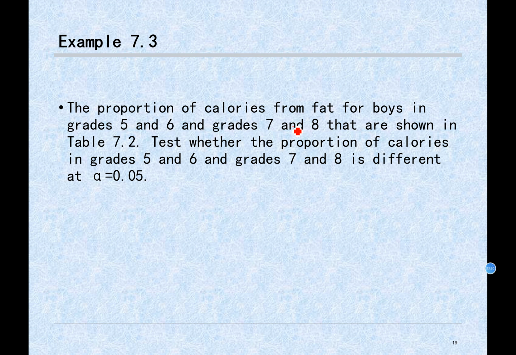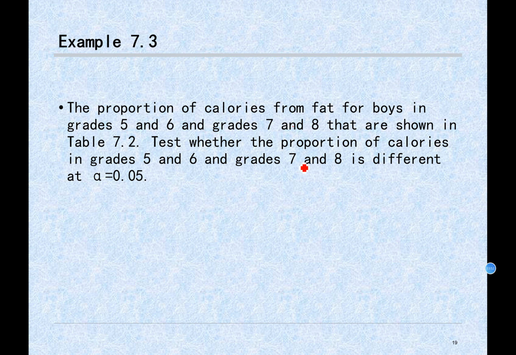Okay, so now let's watch an example. You can read it. This question is very short.